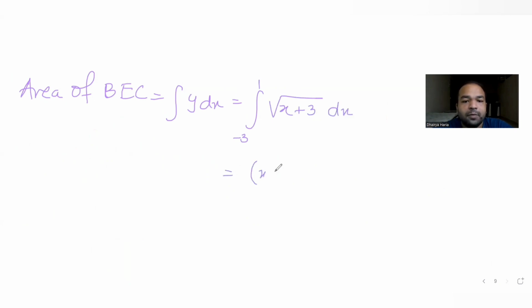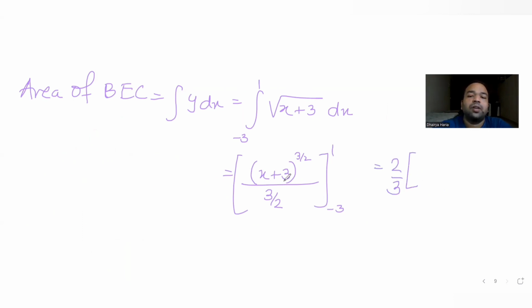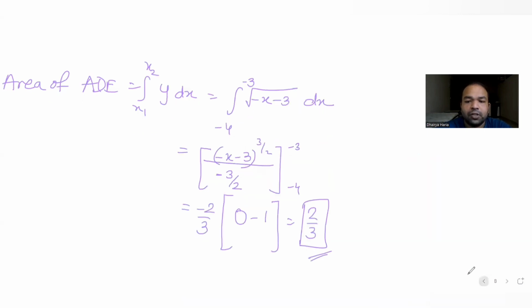You get that as x plus 3 raised to 3 by 2 upon 3 by 2. Limits go from -3 to 1. So you get 2 by 3 into 1 plus 3 raised to 3 by 2, so 4 raised to 3 by 2, minus, if you put -3, you get 0 as well. So you again get 2 by 3, square root of 4 is 2, 2 cube is 8. You get it as 16 by 3. So you get the area of the other region also 16 by 3.